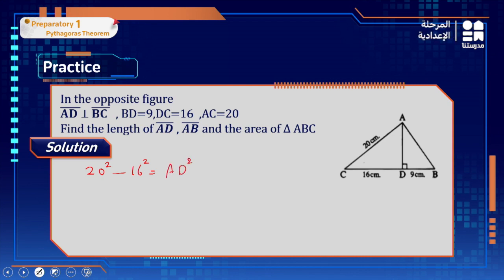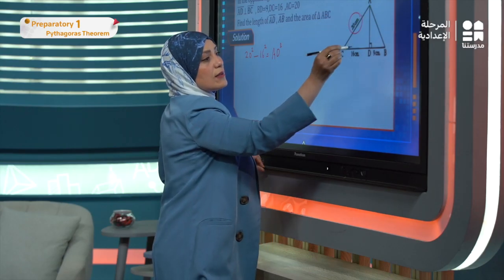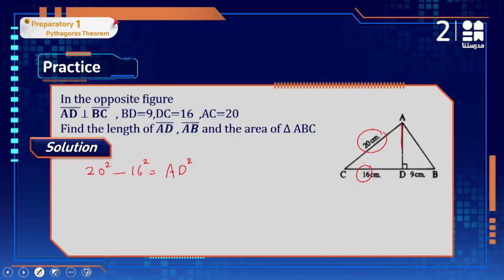As we said, if the hypotenuse is given, so we need to subtract. So 20 squared minus 16 squared equals AD squared. Okay, 20 squared is 400 minus 16 squared, which is 16 times 16, is 256. And here we have AD squared.